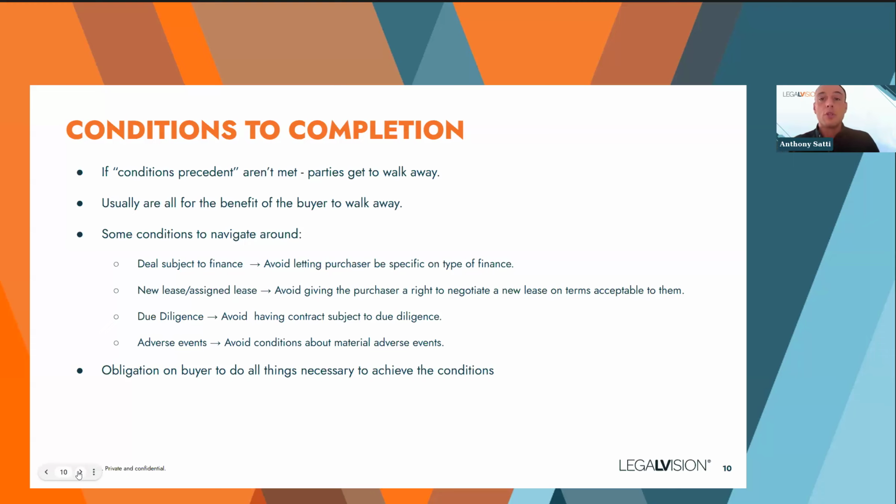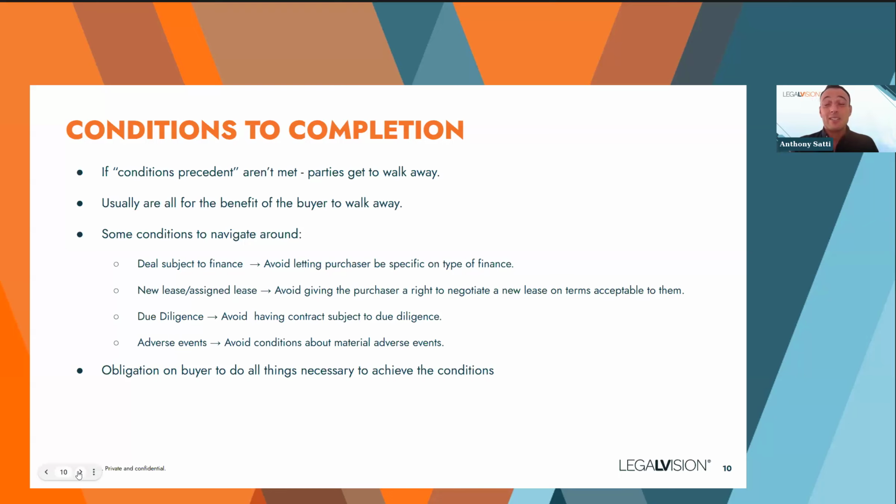As a seller, you want to make sure you avoid a scenario where the buyer can only agree to or will only receive one specific type of finance, like finance from a bank. It shouldn't be so limiting. It could be any form of finance.